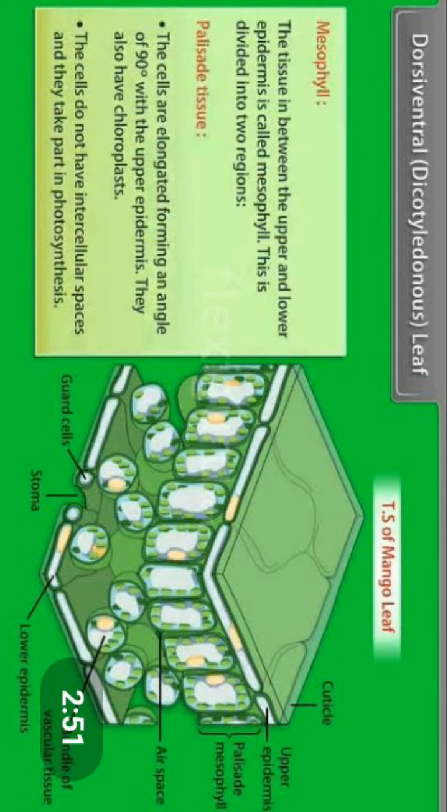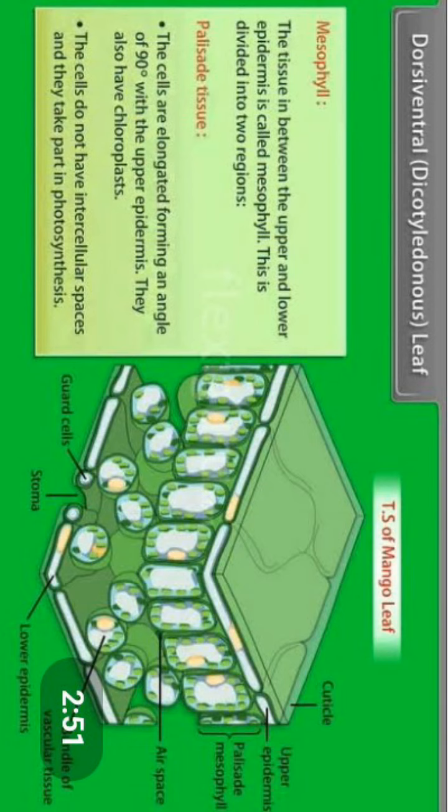But since it is a leaf, the cuticle can be seen very clearly, right? The role of the cuticle is to reduce the rate of transpiration by evaporation, so the amount of water lost outside is reduced and it keeps the leaf moist.